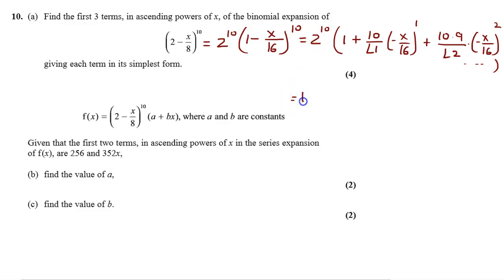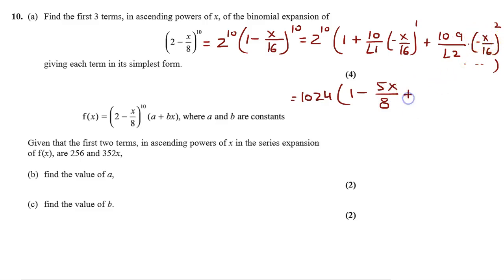2 to the power 10 is 1024. This is 1 plus, this is a minus, so it will be 10 over 16. It can be written as 5 over 8 x.